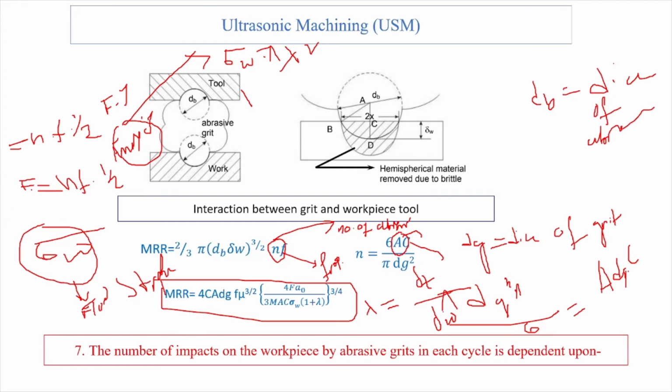So F will be half into N F delta W, which is flow strength, into pi into x square, and then it will be delta W plus delta T, that is both flow strength on workpiece and tool will come into picture, and then 4 of A0. Okay, so this will be the equation of the force with which the tool is fed actually. So that is F.